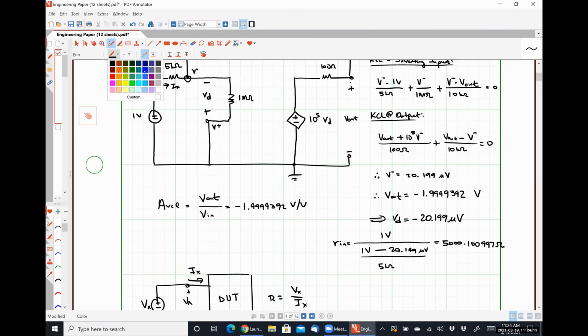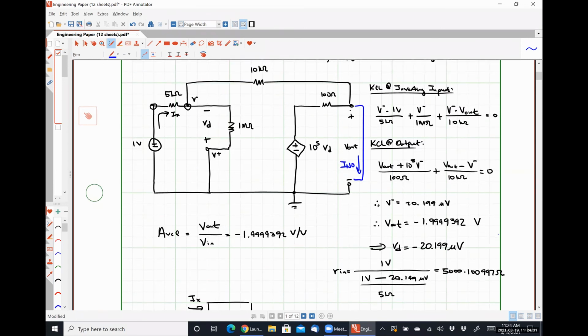So let me just draw a quick short circuit here, and I'm going to call this guy I Norton. And so what does that change with regards to these equations?